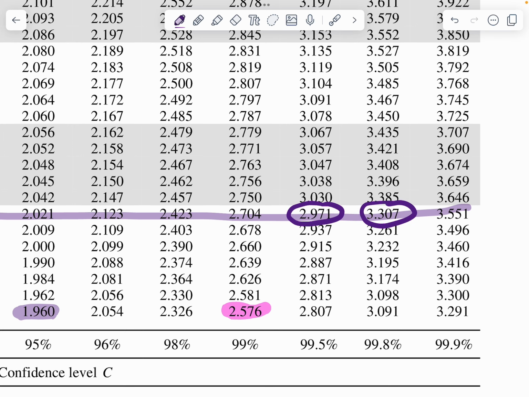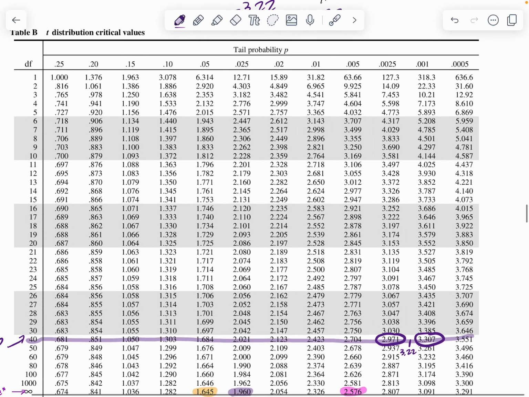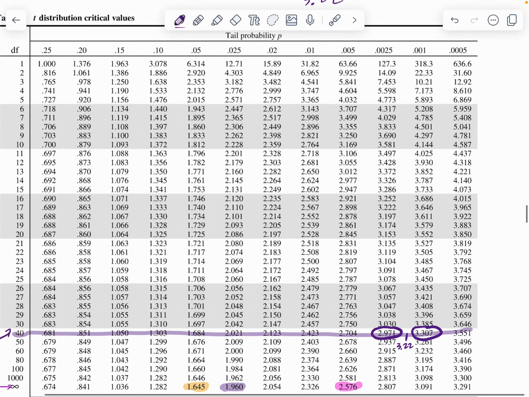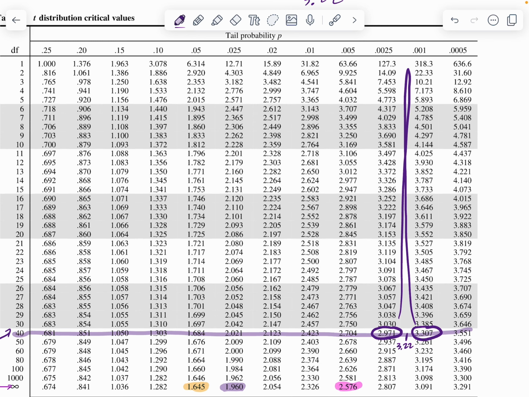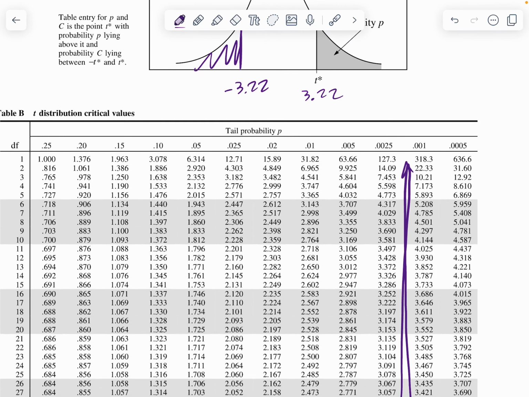Well, on the positive side, 3.22 is in here somewhere, right? So then what you're going to do is you're going to say, okay, I'm coming up here for both of these, and the p-value is listed across the top here. These numbers right here are the p-values.